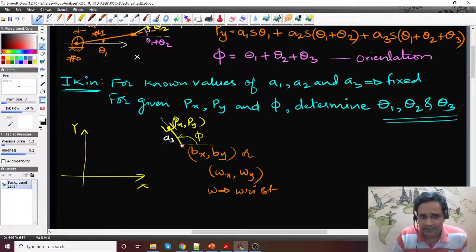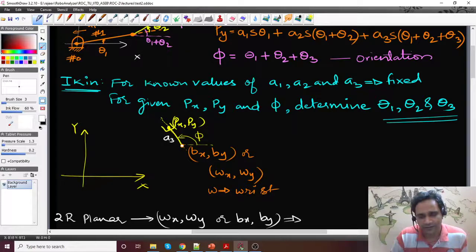Now once we reach here, this boils down to a 2R planar manipulator, because we have to reach wx, wy or bx, by. So we have to find the value of theta 1 and theta 2. That will take us there.